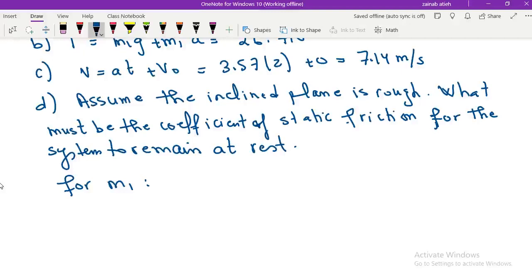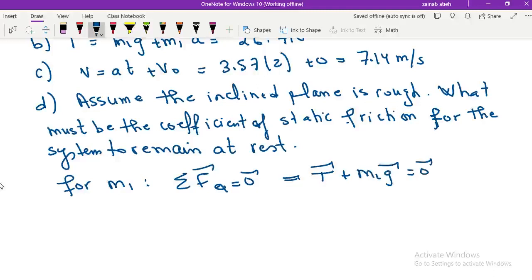Okay, so for M1 the sum of forces will be equal to 0. Considering it at rest, I have only tension plus weight, equal to 0. So T minus M1G is equal to 0. I will get T equals M1G.